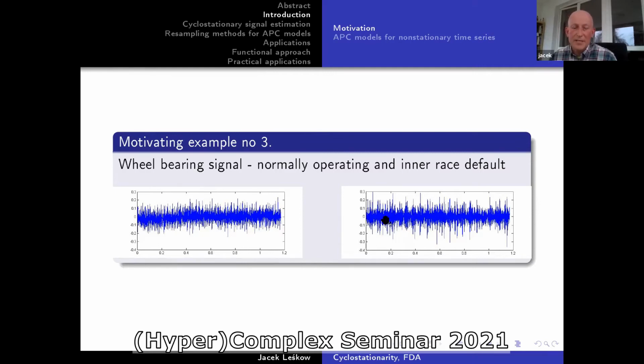And this is the signal, which is also centered, but corresponds to a wheel bearing that has some improper functioning. In this case, it is the so-called inner race default, the default of the inner race. You can see at least visually that the second signal has a little bit of a higher variability.